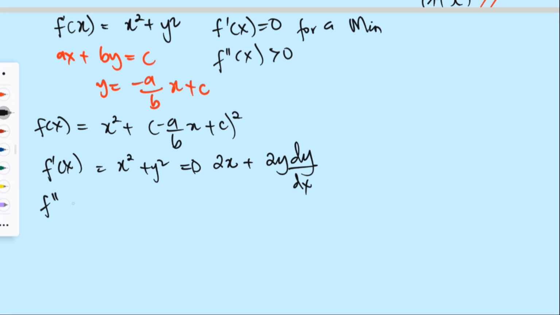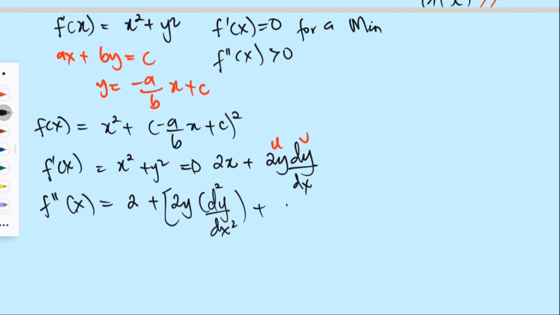And then let's just differentiate it twice implicitly so that we will just be substituting later. This would be just 2 plus, okay, here we have two values which have been multiplied, and then we need to use the product rule. So u and v, yet again we do u dv. So u d of v is going to be d squared y over dx squared, plus v du. So v is dy by dx.